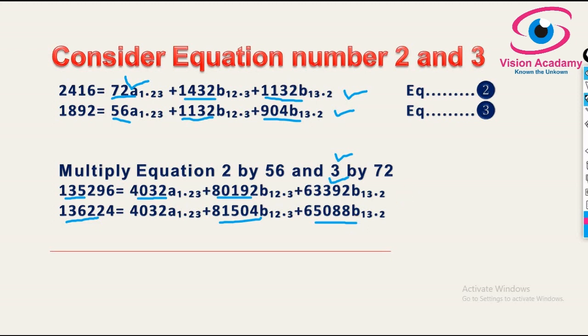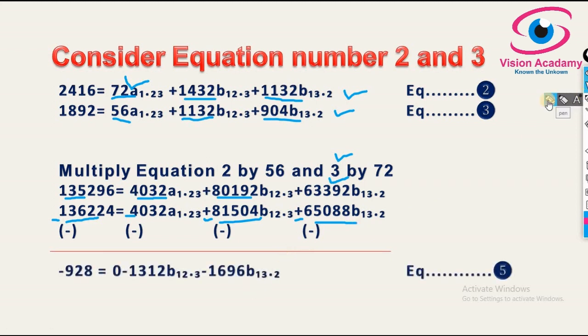Now again I will change the sign, and thereafter I will make the necessary change. So I will change the sign, so where minus will be plus, plus will be minus. So here all the values are plus, so we have changed the values into minus. So when we have done like that, we will subtract the first equation from the second equation so that we derive the fifth equation.